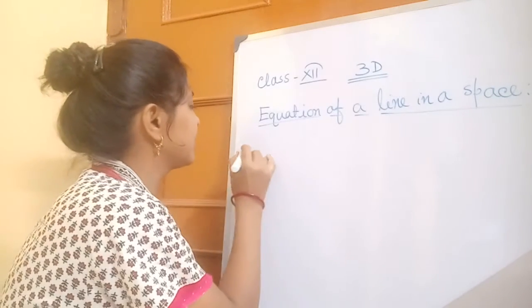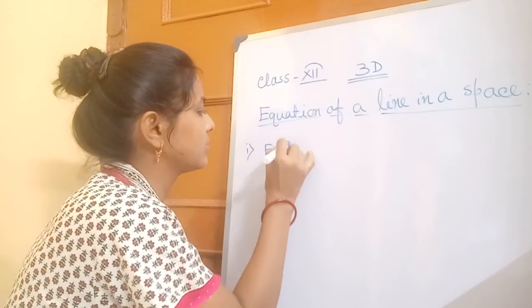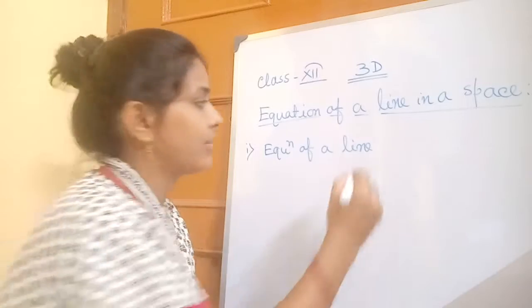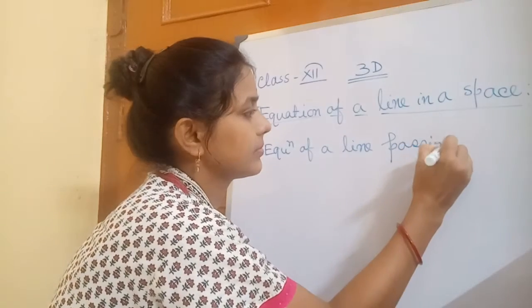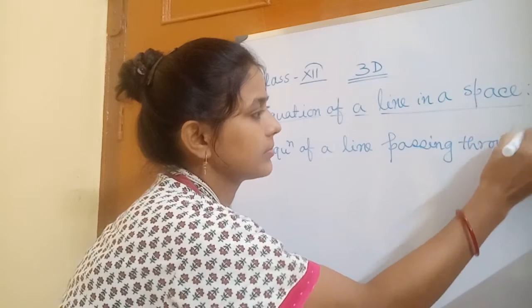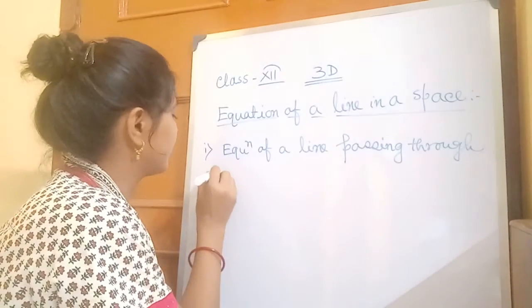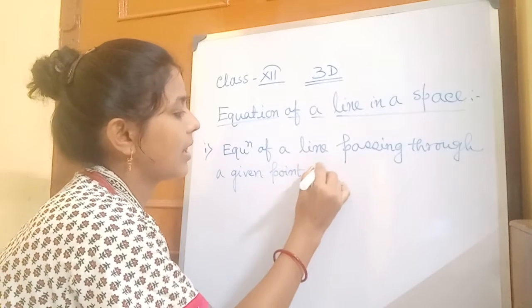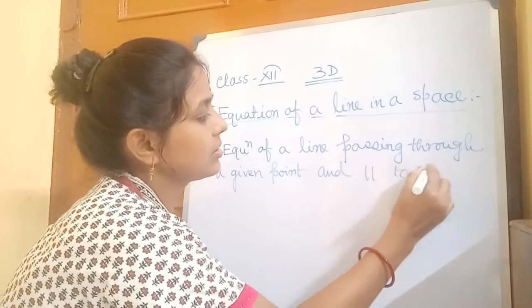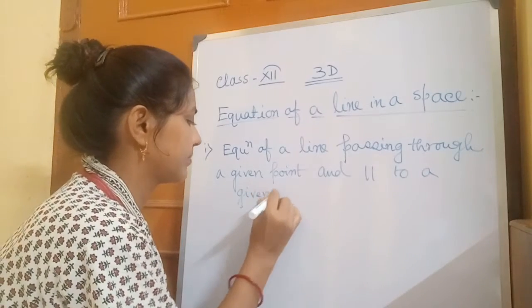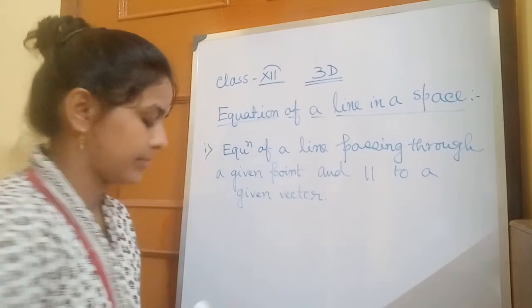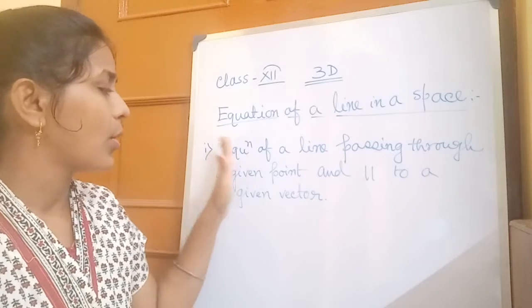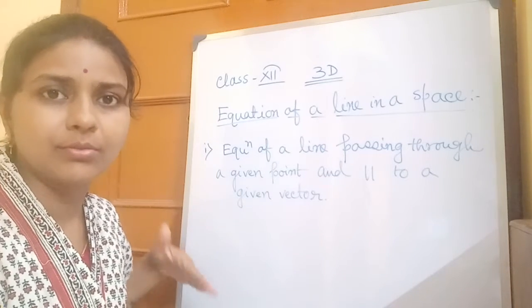Number one is equation of a line passing through a given point and parallel to a given vector. So this will be our first topic.